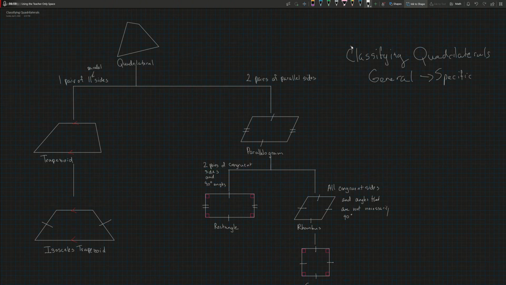The other thing is that it's customary to use the most specific name for a shape.